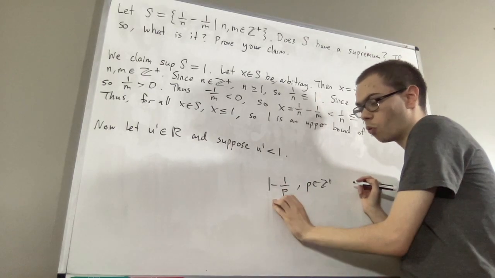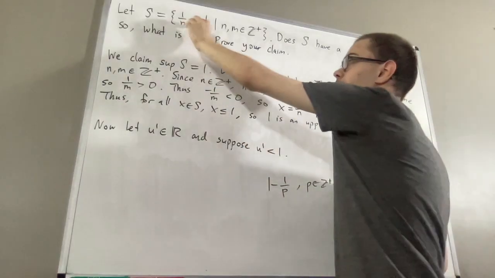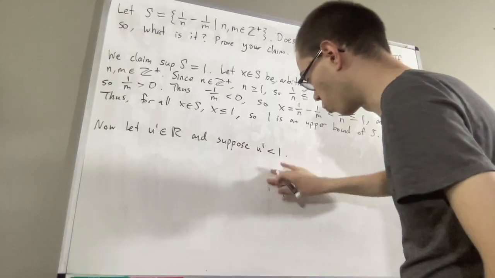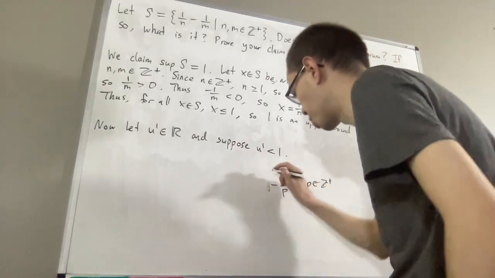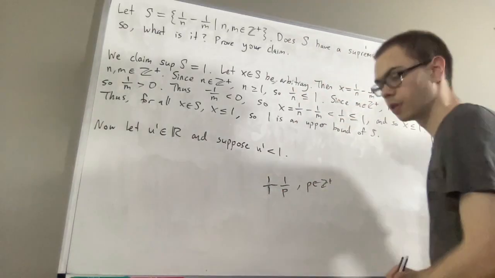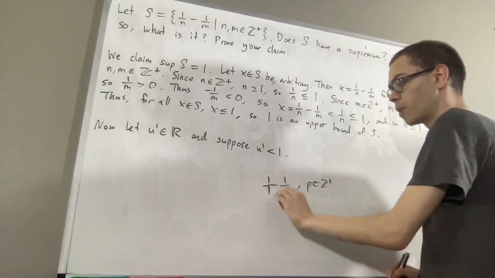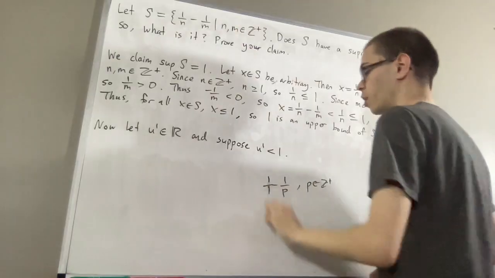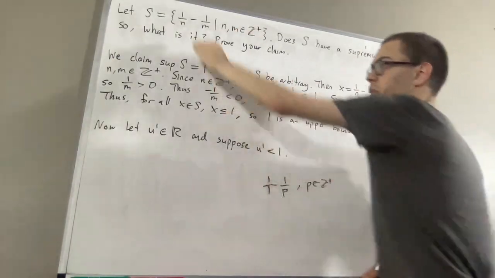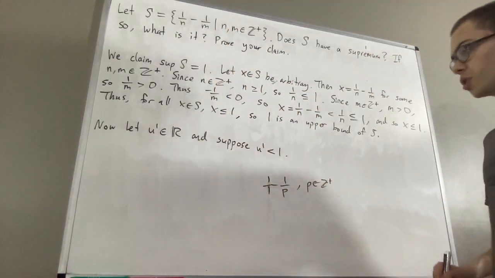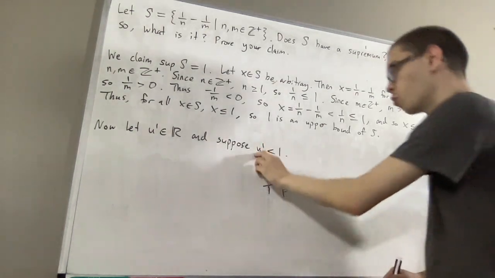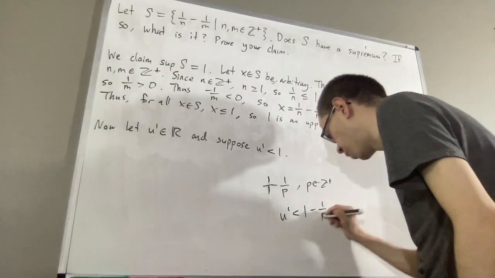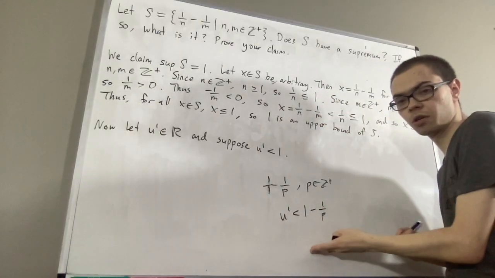But 1 minus 1 over p is an element of S, because 1 can be written as 1 over 1, right? So 1 over 1 minus 1 over p fits the form to be an element of S. Just take n to be 1, m to be p. It must be an element of S. So the idea is we can show u prime is less than 1 minus 1 over p, where p is some positive integer.